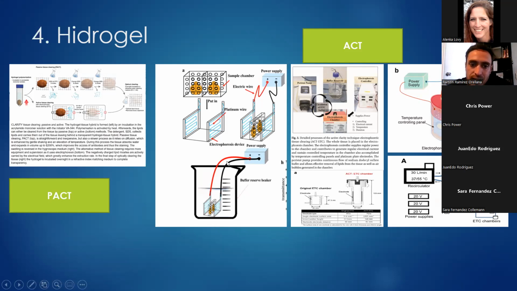También requiere que esté constantemente un flujo del buffer de lavado, o sea, de lo que ocupamos para ir clarificando, que es el SDS, y también tiene que ir siendo filtrado continuamente. Para esto se diseñó un equipo que es bastante caro también, hecho exclusivamente para realizar este tipo de técnica, y también existe una gran cantidad de publicaciones donde cada laboratorio ha desarrollado su propio sistema de electroforesis y de flujo continuo.